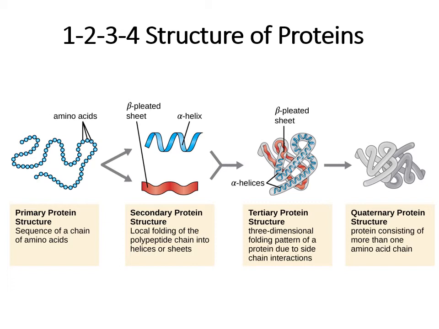And then finally, the sheets or the helixes can combine together in a three-dimensional protein. Okay, and when one protein combines with another protein, they attach to each other, they become a quaternary protein structure.